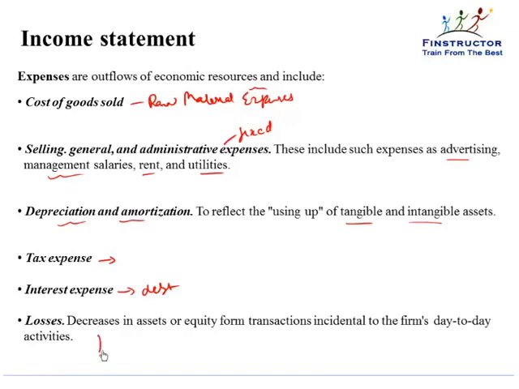That is, in the same land sale described earlier, if the land was sold at below its cost price, then there won't be any gain. However, there would be a loss that would be reported on the income statement. Again, that loss is not expected to repeat again and again. It is from an incidental activity that is peripheral to the firm's day-to-day activities or not core to the firm's business.